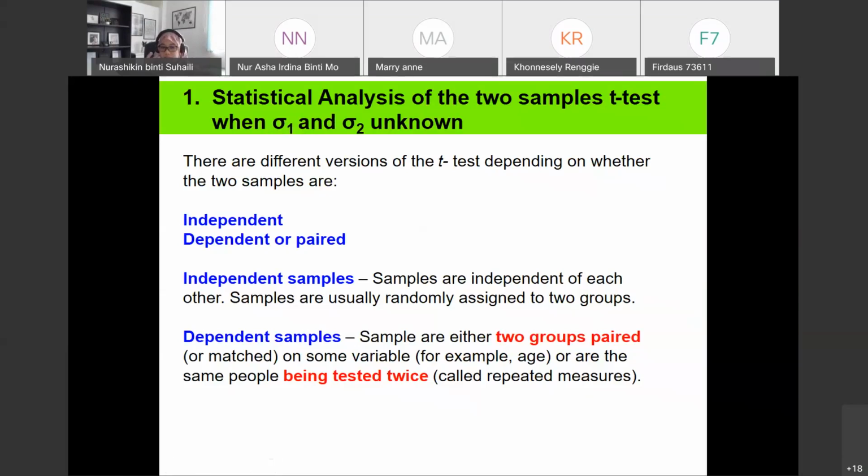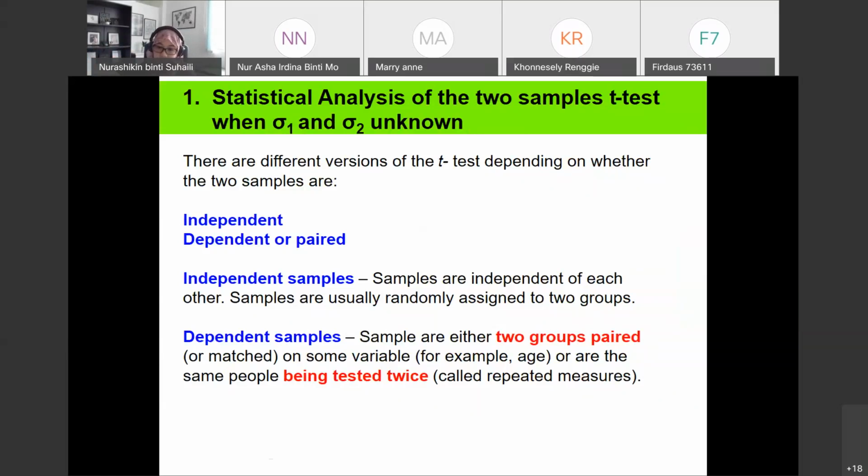So let's say the same group, the same people, their glucose level is tested before they take the medicine. So that is before. And after they are given the medicine, their glucose level is measured again, but it refers to the same group.